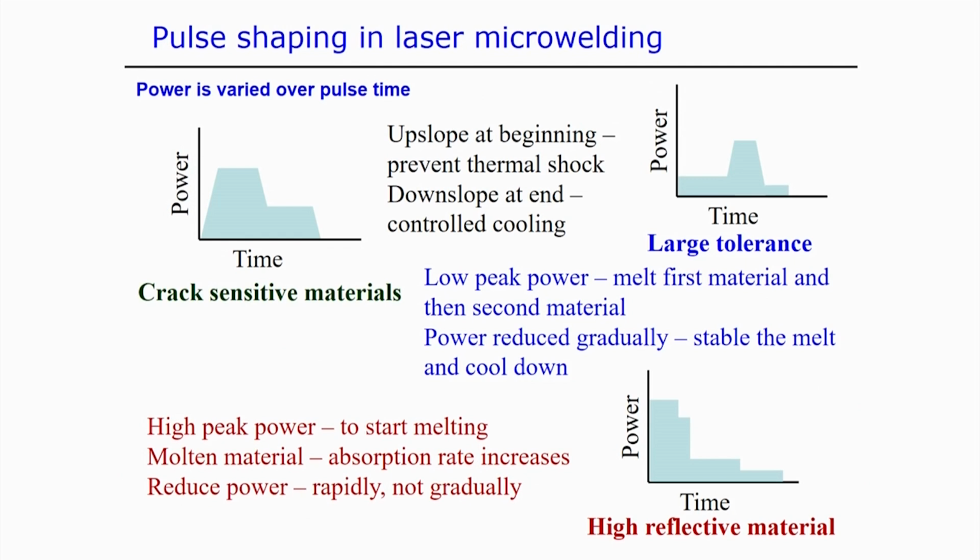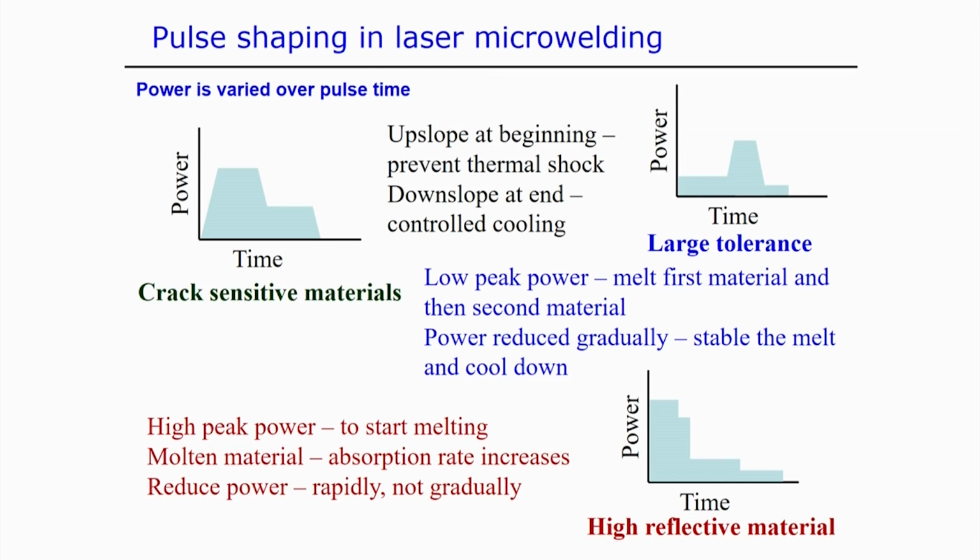The first thing is the crack sensitive materials. If you see the design of the pulse in the case of crack sensitive materials, first there is an upslope at the start, which means a gradual increment of the power at the beginning. This type of pulse shape prevents thermal shock, which would result from suddenly applying the pulse at time t equal to 0.